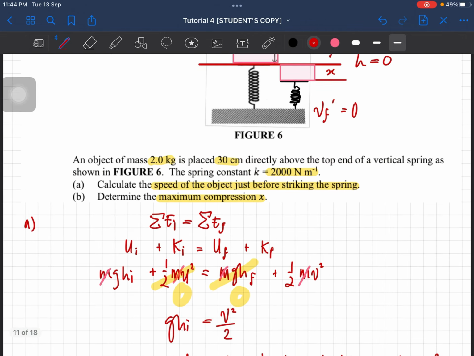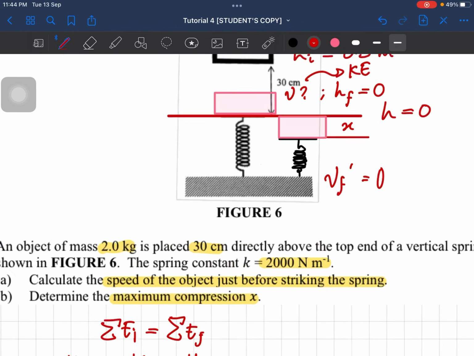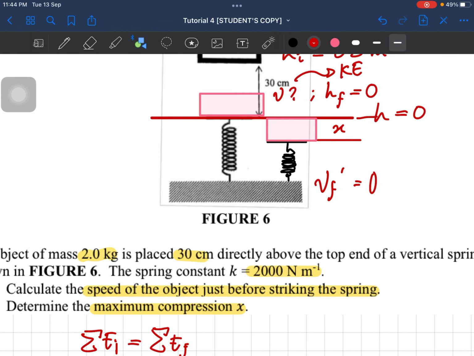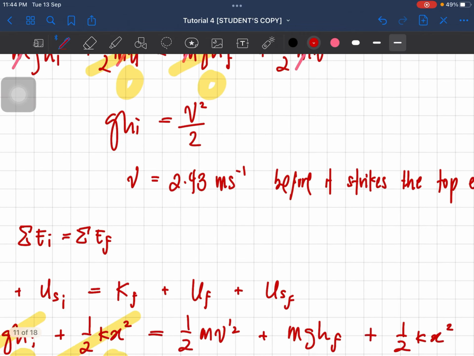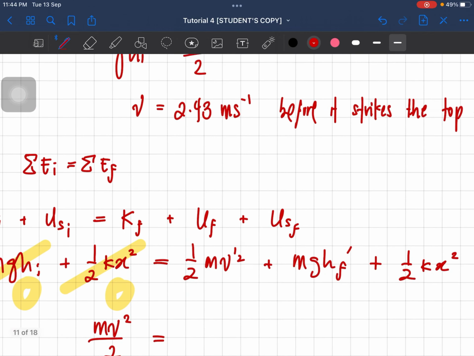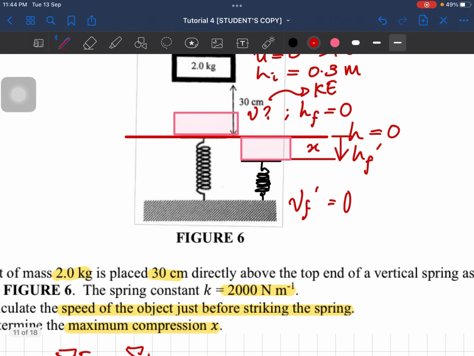Okay, and then next we have to consider the gravitational potential energy. This is your reference line, and this is your value of h, the final height. What is this value? It is the value of x.